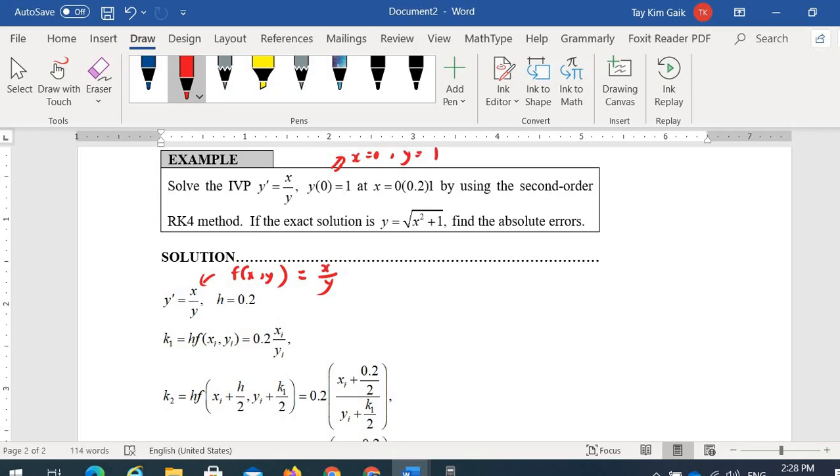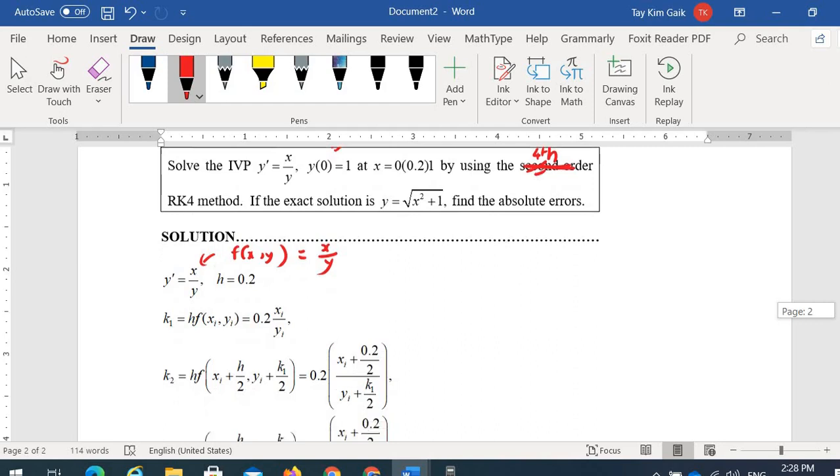The x value goes from 0 with an increment of 0.2 up to 1, using the fourth order RK4 method. If the exact solution is given by y equal to the square root of x squared plus 1, find the error.